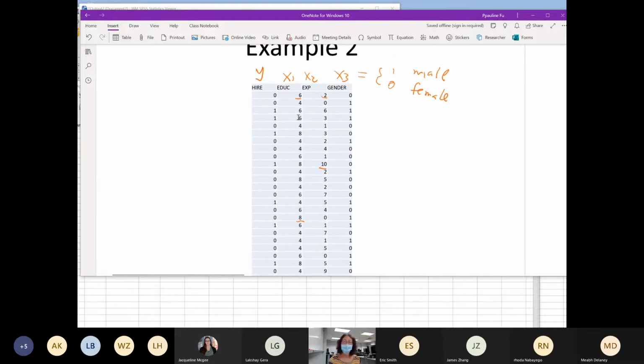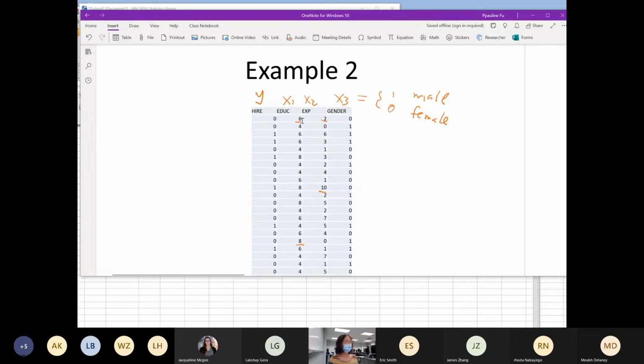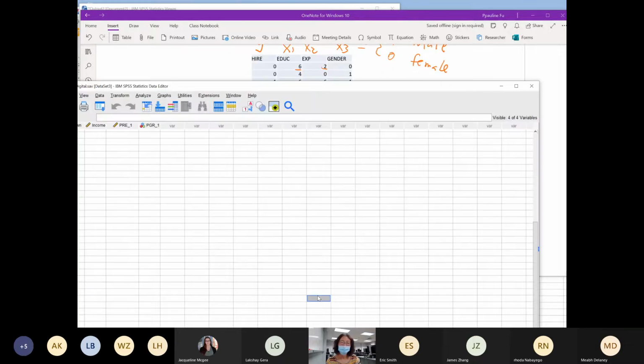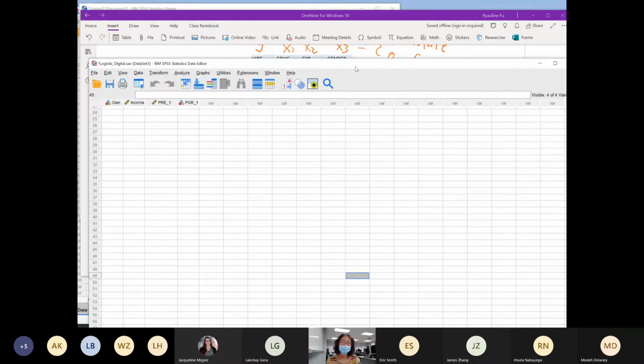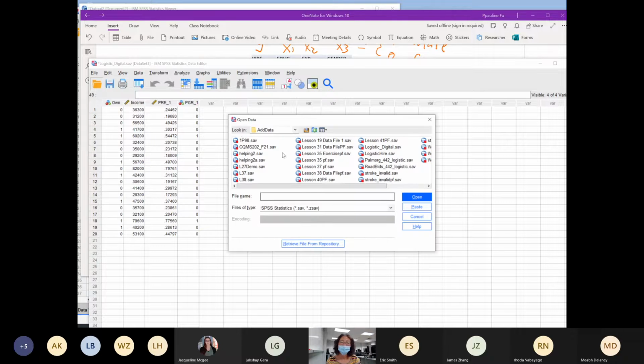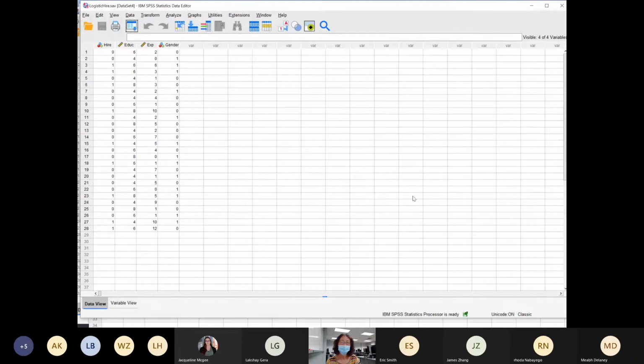Again, this data I posted on Sakai under the resources folder, in Excel format or in SPSS format. So now I will directly open it. So open logistic hiring. This is my data.